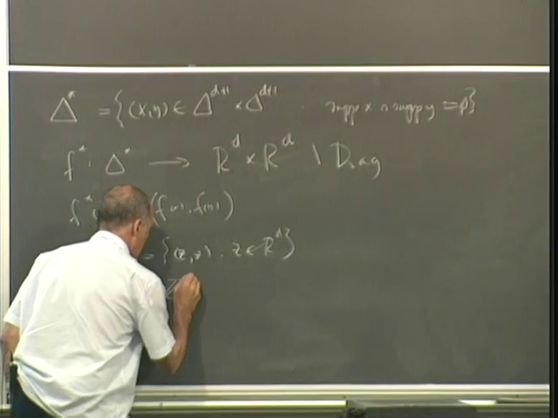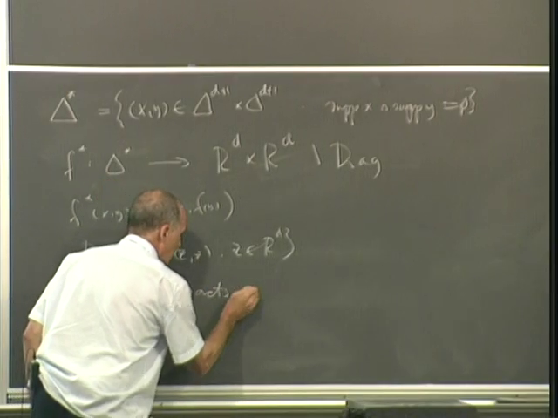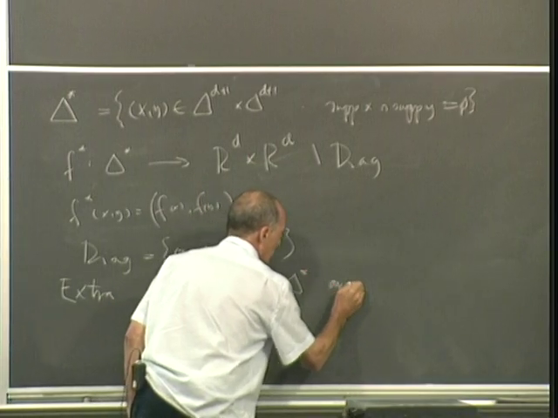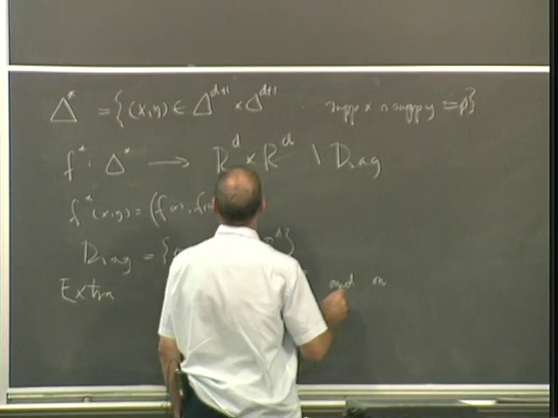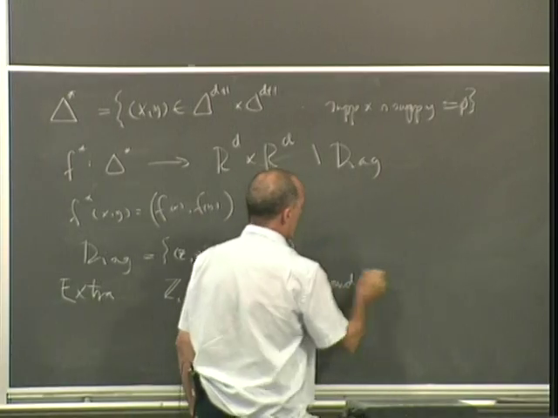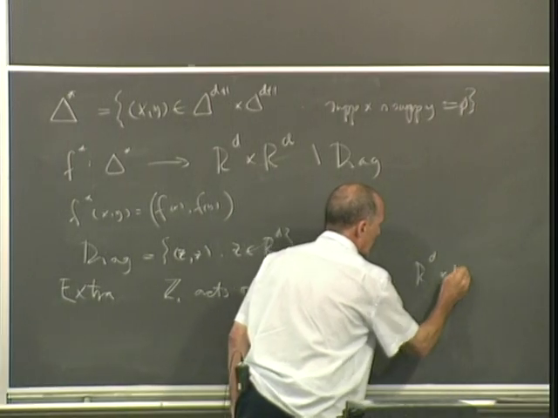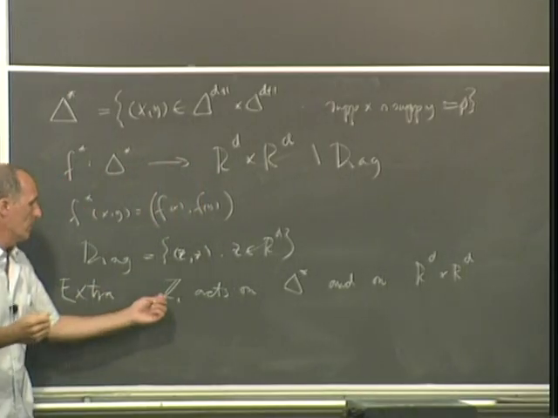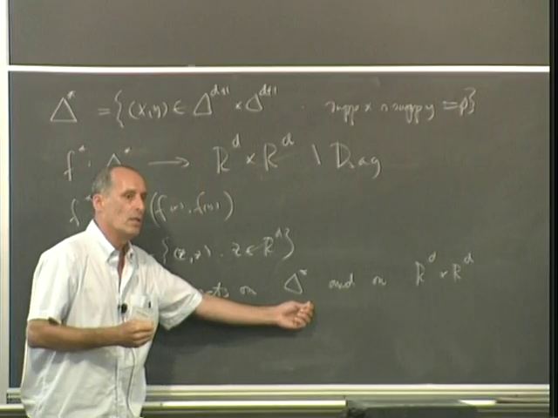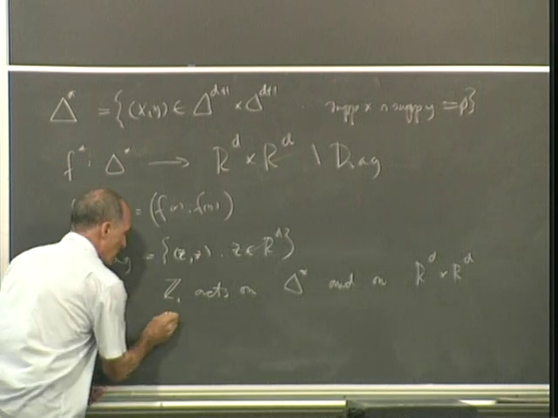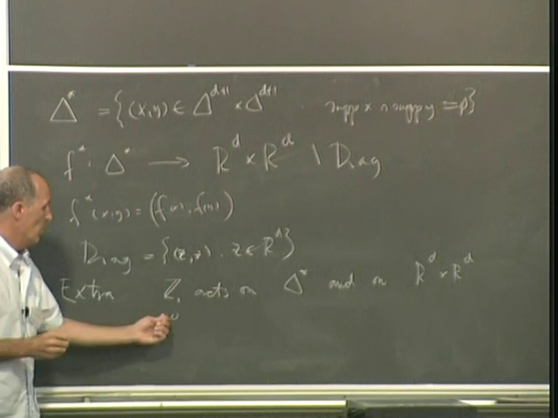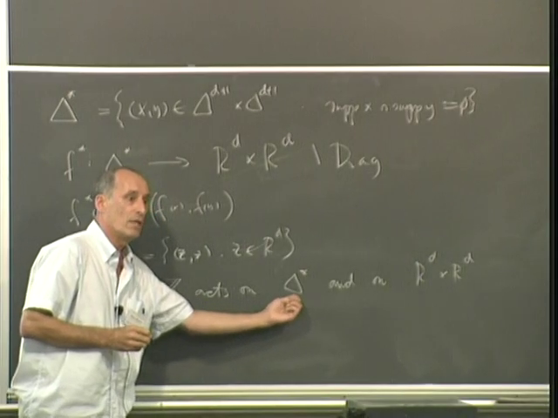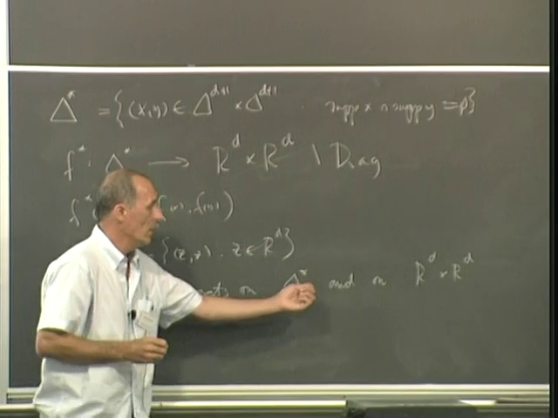Z2 acts on Delta star and on R^d cross R^d. What does it mean that the group acts on a space? Its action is denoted by omega. Omega takes any point of this space onto a point of that same space, and here as well.